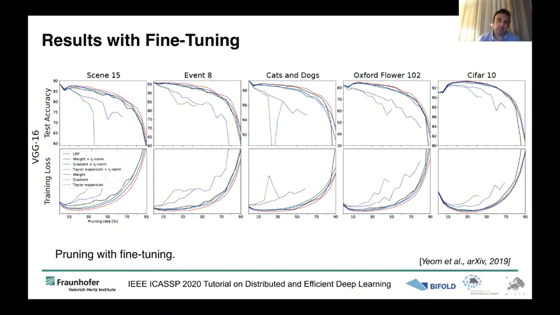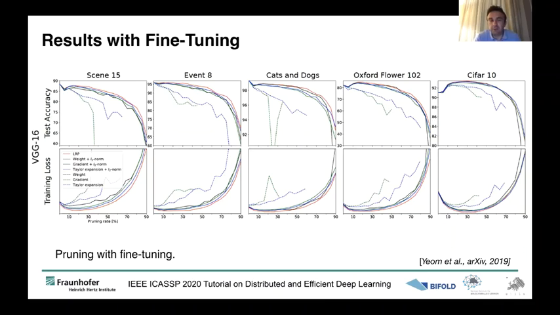Okay, so there are some results from the study which we did. This is with fine-tuning. The red line is LRP, and the other lines are these other methods. And you see that on all these data sets, LRP performed slightly better, comparable, but consistently better than the other methods.